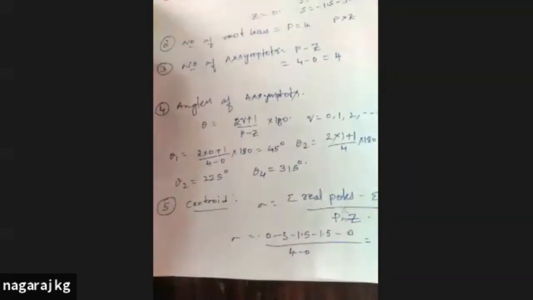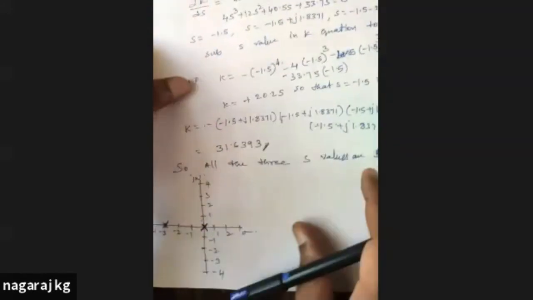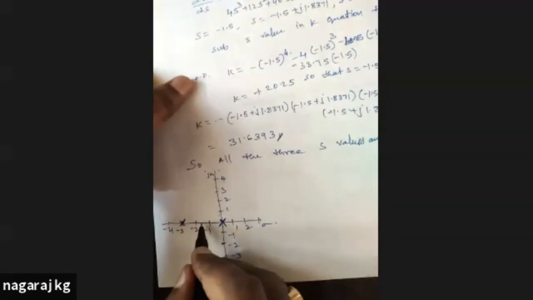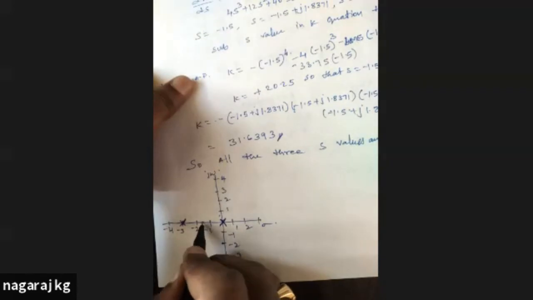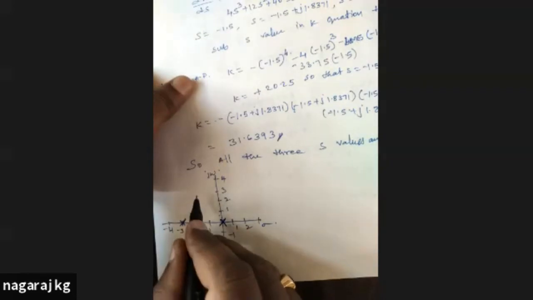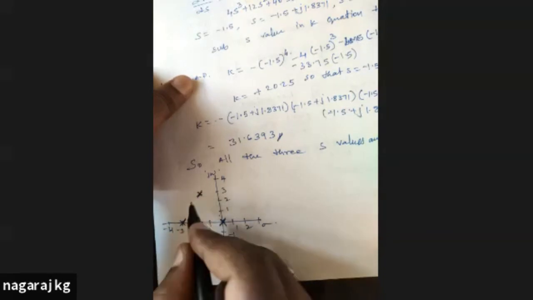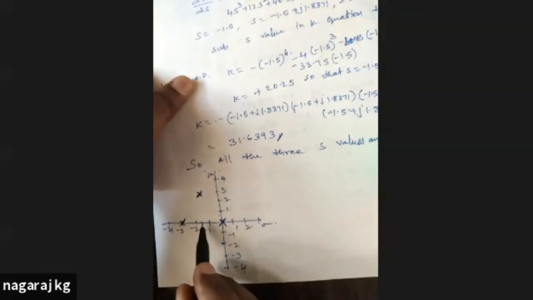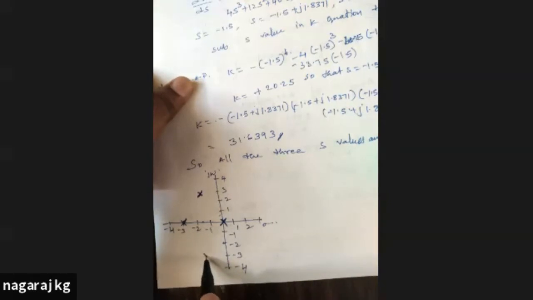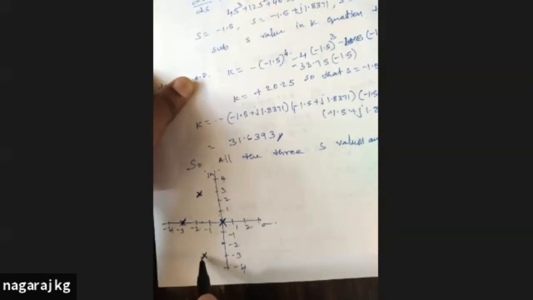Where is the location of that pole? On the real axis minus 1.5, plus j3. Next, the bottom one. So these are the 4 poles that we have located roughly.